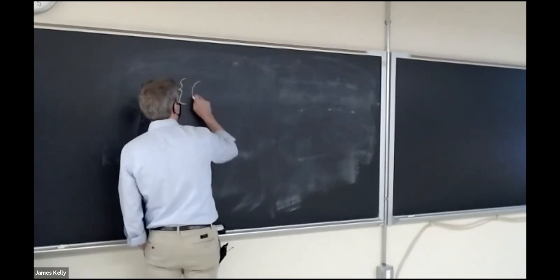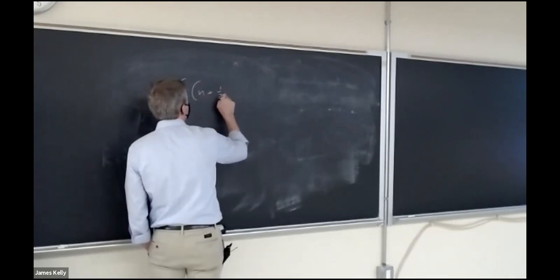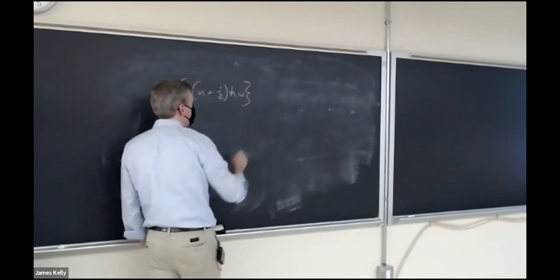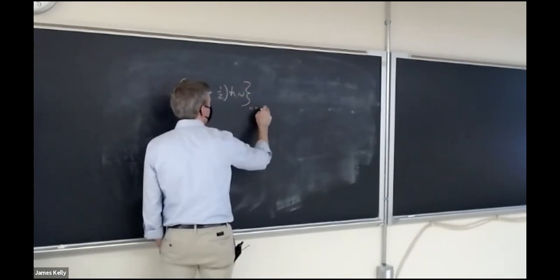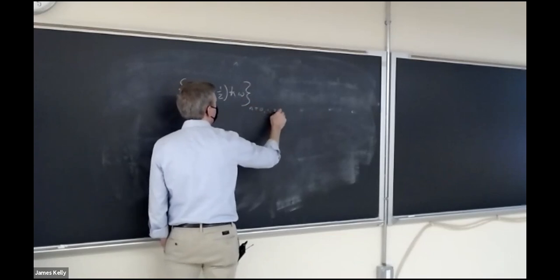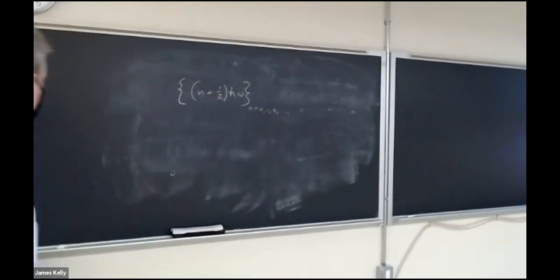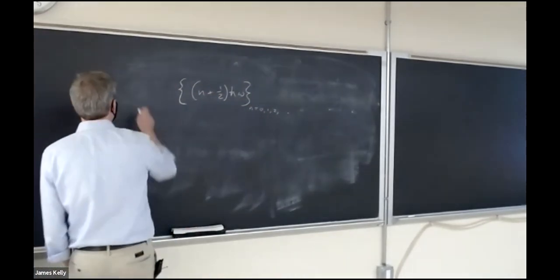That's right, I could write them this way: (n plus 1/2) h bar omega. Those were our allowed energies, for n equals 0, 1, 2, and so on, any non-negative integer. So that's the spectrum.